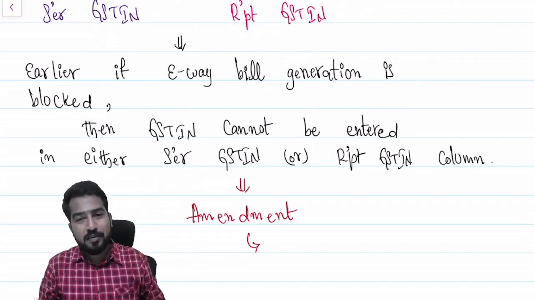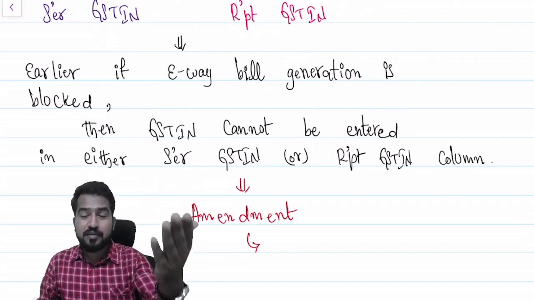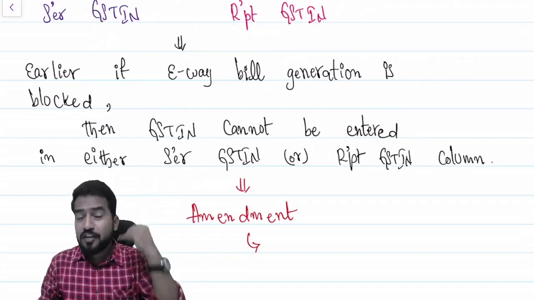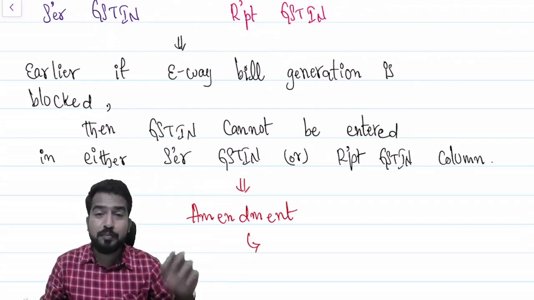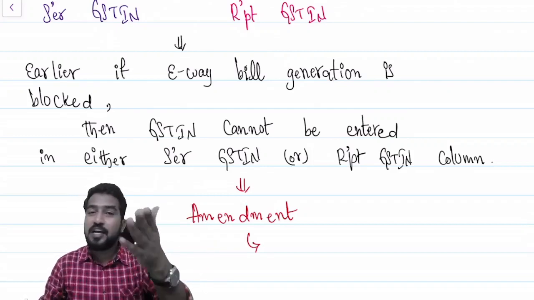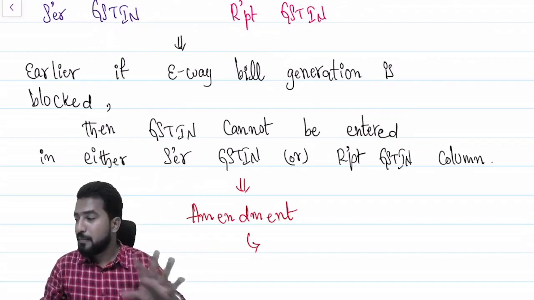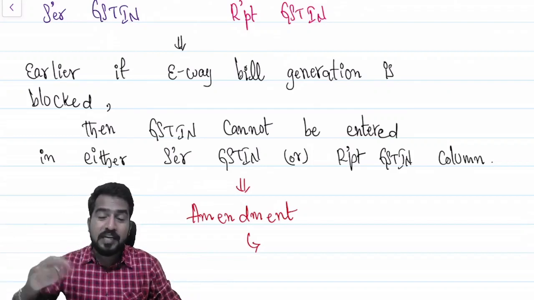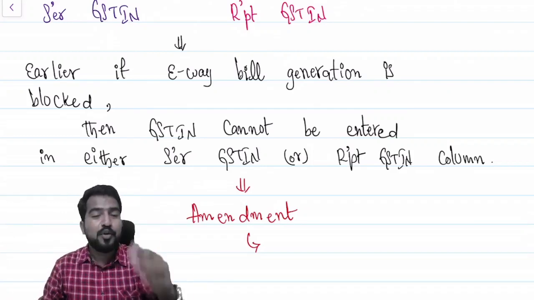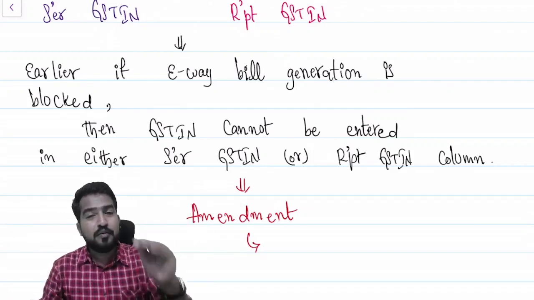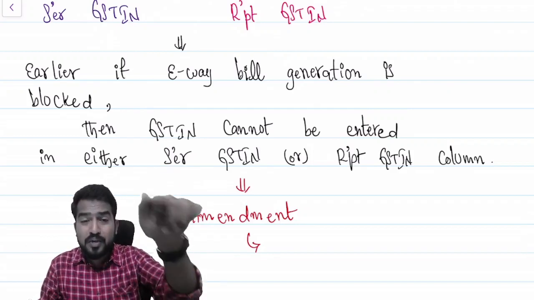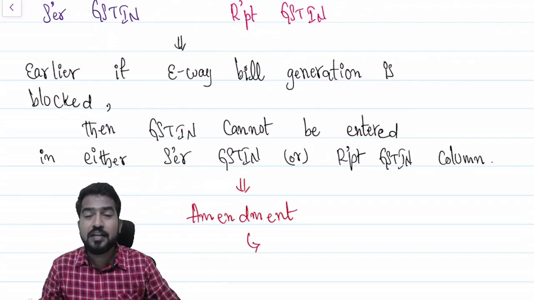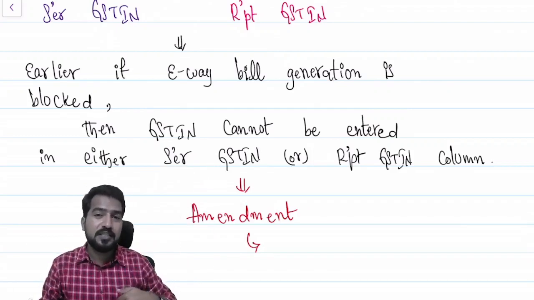That means if I sell something, my e-way bill generation is blocked. If I want to generate an e-way bill to transport the goods from my location to my customer's location, I cannot. But if I'm buying from you, and you have to send your goods from your location to my location, in the e-way bill you will enter your GSTIN as the supplier's GSTIN and my GSTIN as the recipient's GSTIN.